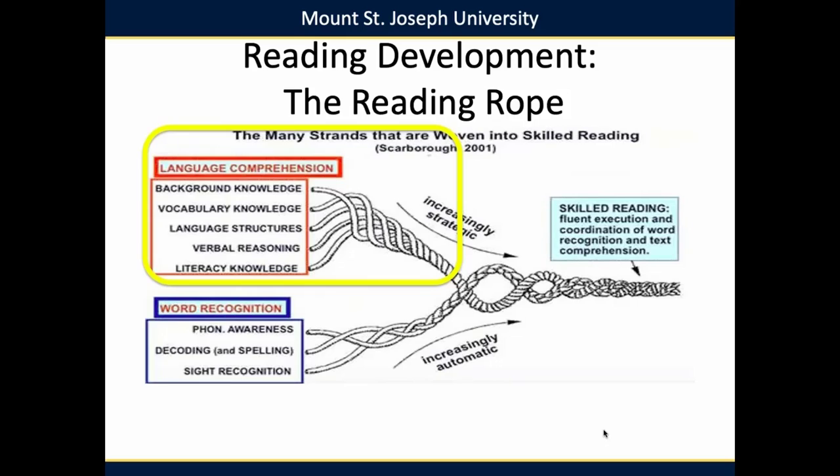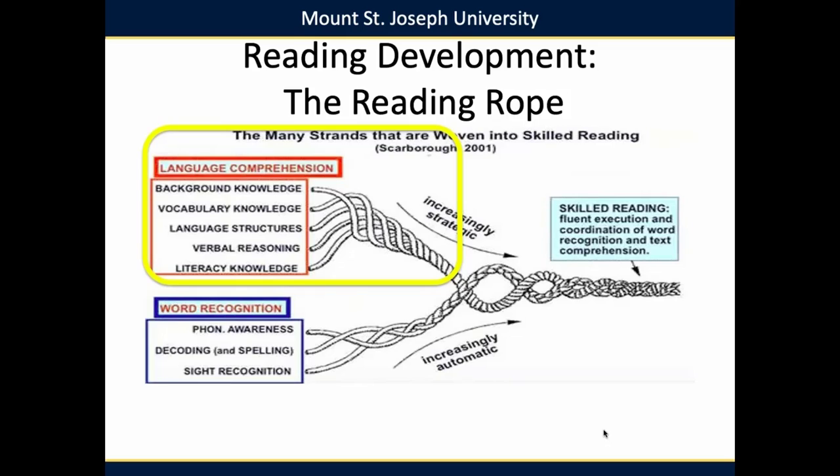Five individual strands represent the skills involved in language comprehension: understanding language, initially in developing orally and later comprehending written text, background knowledge, vocabulary knowledge, language structures, verbal reasoning, and literary knowledge.